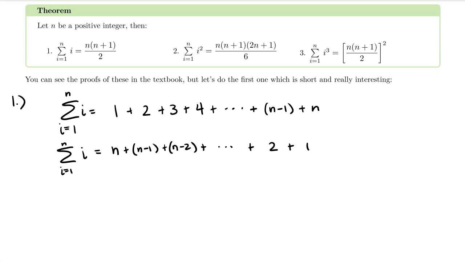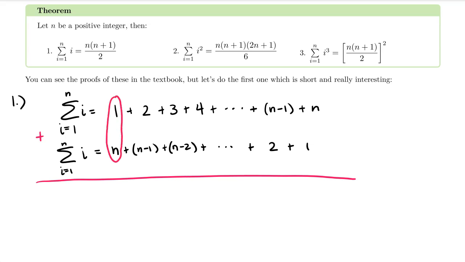So why did I do that? Well, what would happen if I added these two things together? So 1 plus n is the same thing as n plus 1. And then if I added n minus 1 plus 2, that would be the same thing as n plus 1.